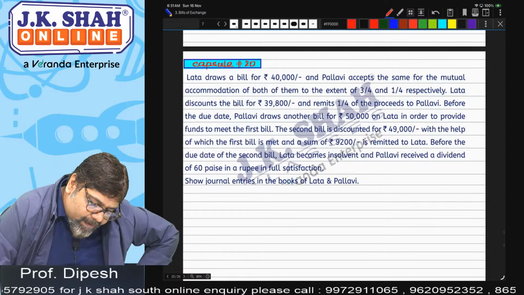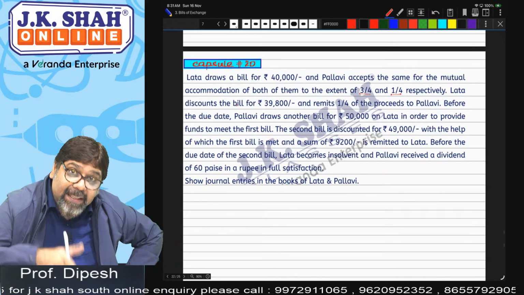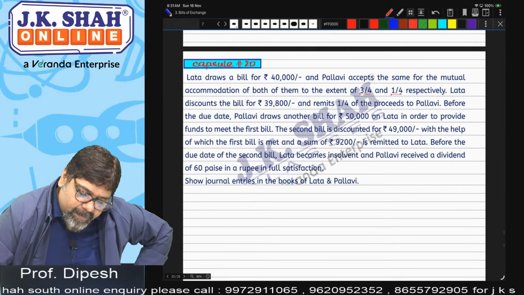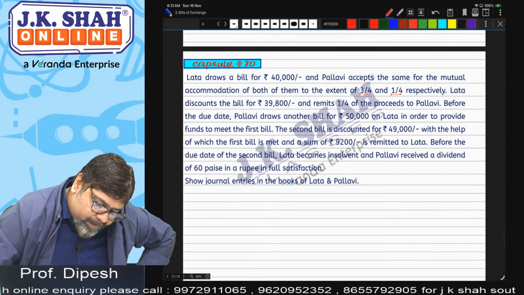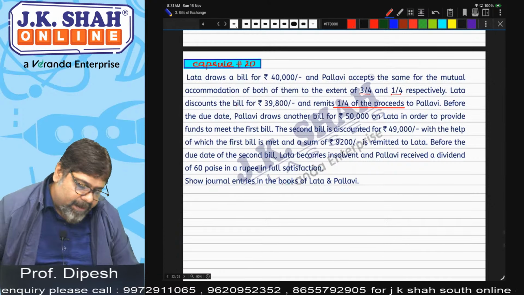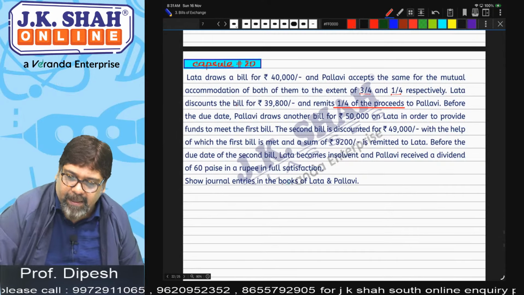Again, the ratio is given, but I will not use it, because in this sum only in the second part the ratio will flop. Lata discounts the bill for 39,800 and remits 1/4 of the proceeds. Proceeds means money. So 1/4 of 39,800 means 9,950.